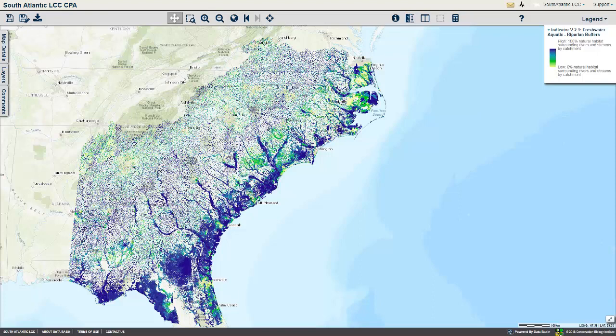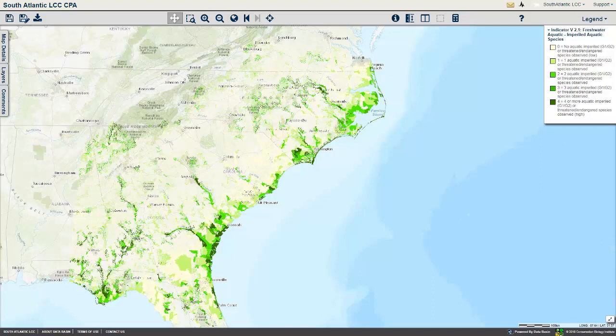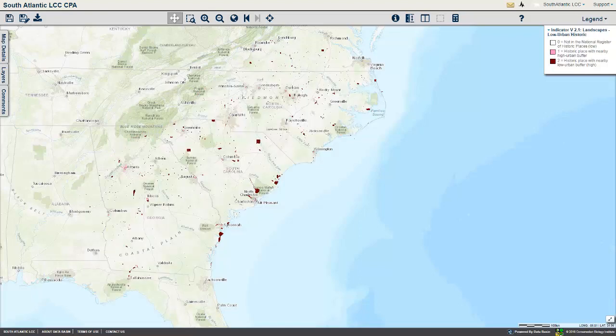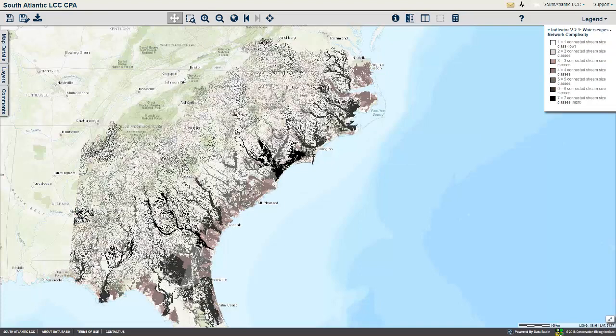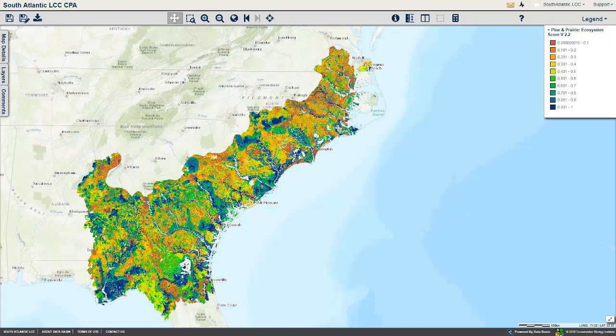So we add in the freshwater aquatic indicators, that's riparian buffers, permeable surface, and imperiled aquatic species, the landscapes indicators, that's low road density, low urban historic landscapes, and resilient biodiversity hotspots, plus all the waterscapes indicators, that's network complexity, and migratory fish connectivity. And zonation gives us the ecosystem integrity scores for pine and prairie.